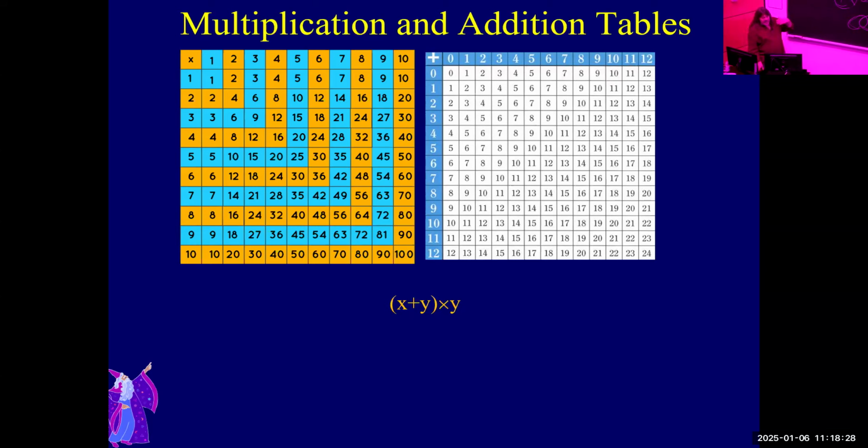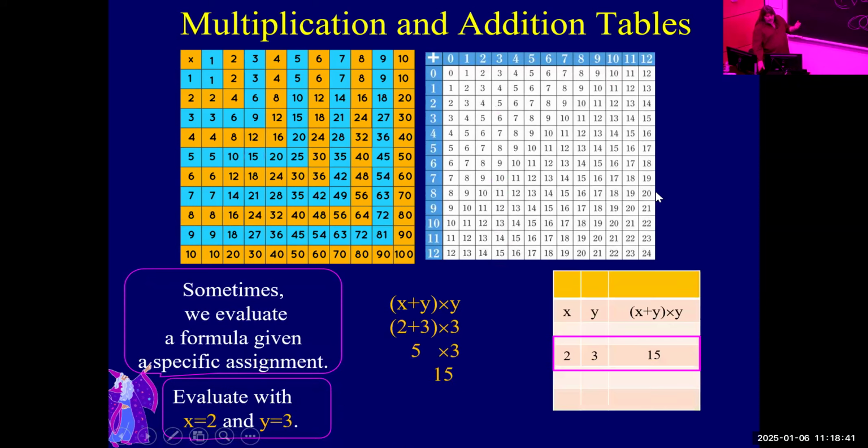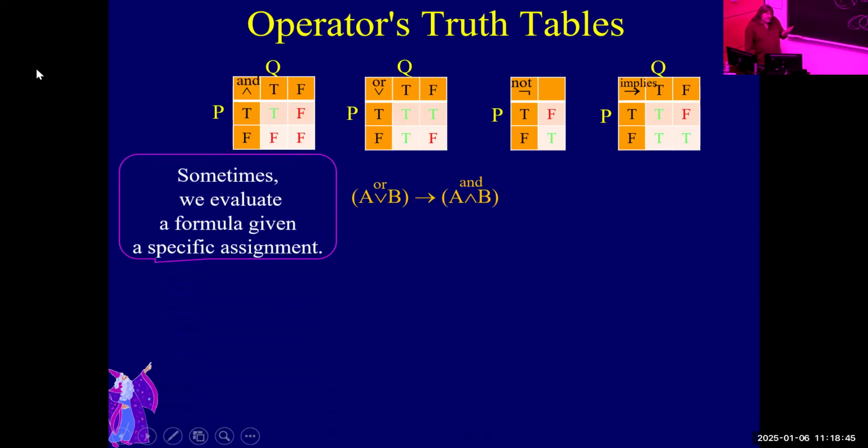And just to say that we're now going to define things using tables, right? You're evaluating plus, we're evaluating times. And next class, we'll switch from that to the tables, which evaluate and, or, and not.